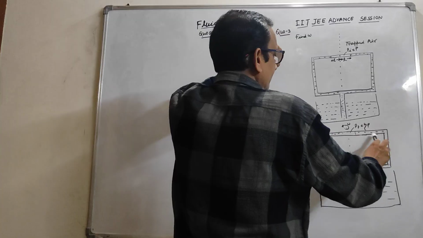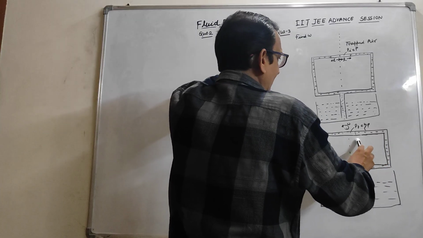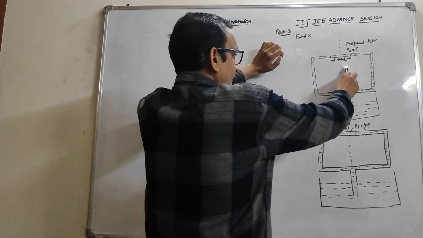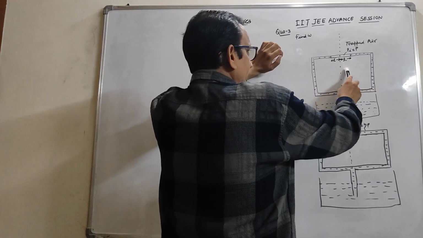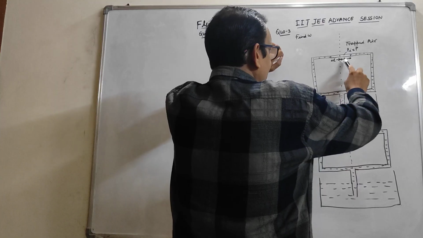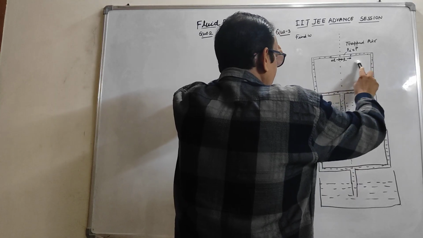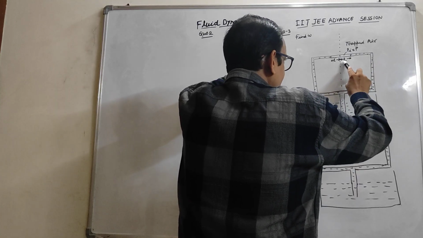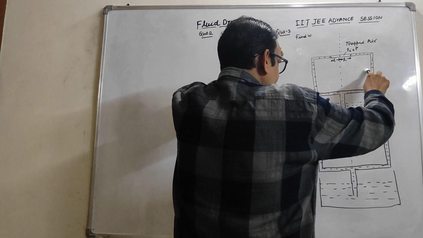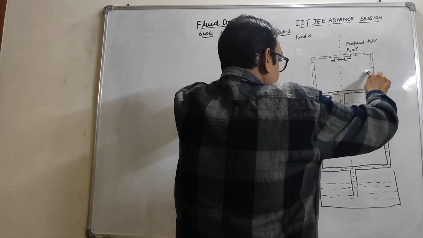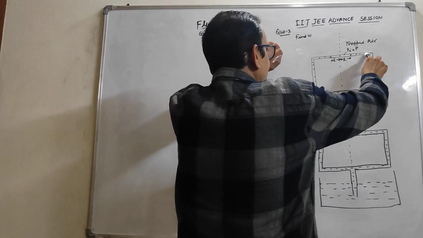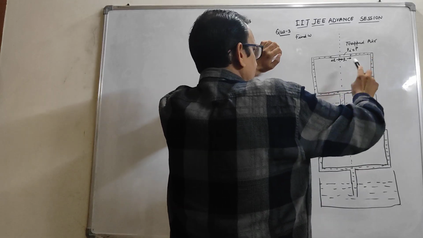Here proportional to r square, and here linearly. But when this frame is not rotating, in a stationary frame, moving from here to here, pressure does not increase. Only pressure increases vertically going downward, linearly proportional.